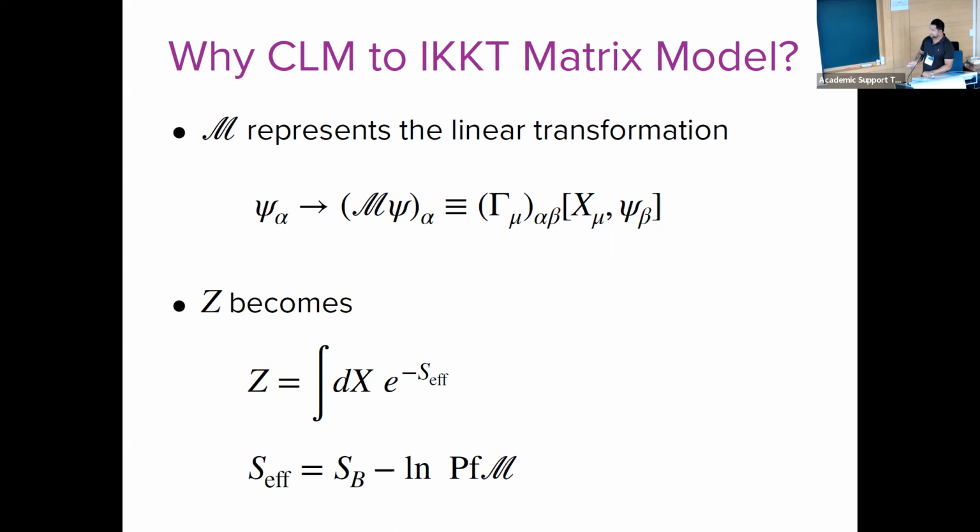We can express the action as an effective action, given by the log of the Pfaffian of M, which is complex in general. So basically we need to sample field configurations with this complex probability weight.